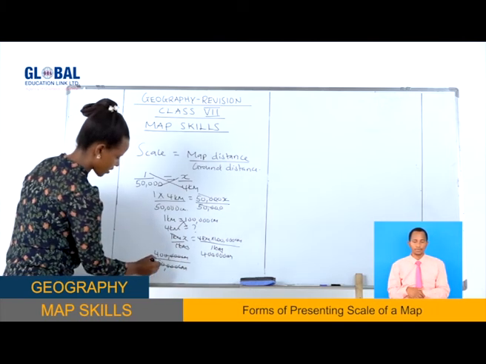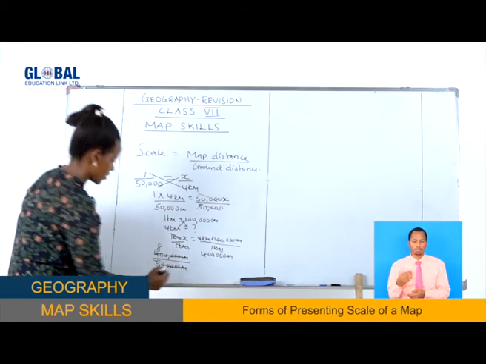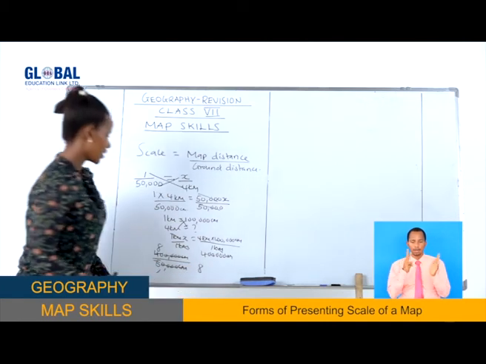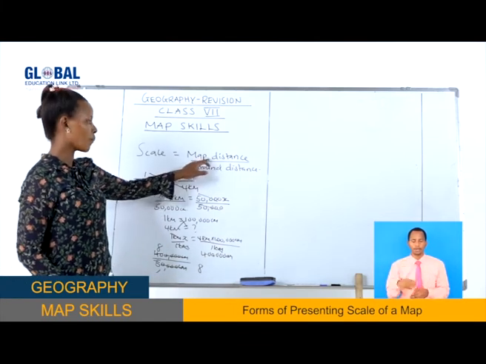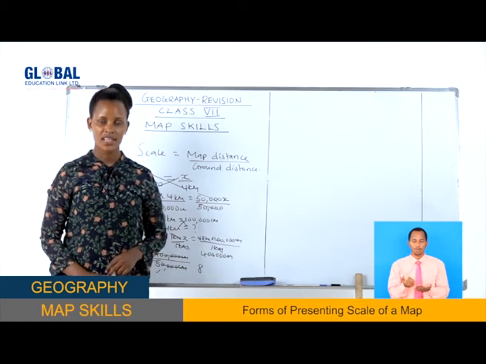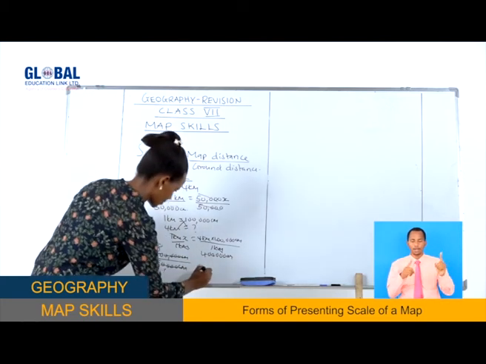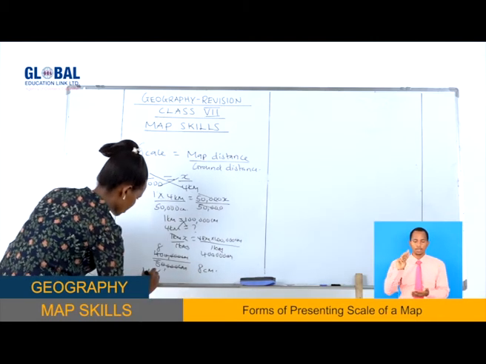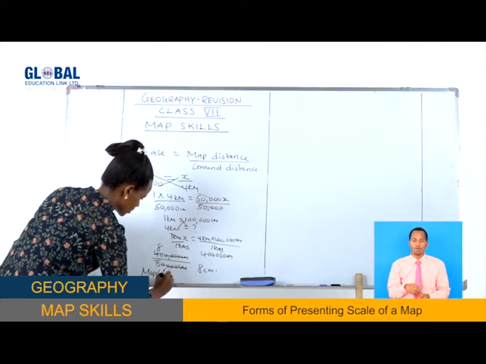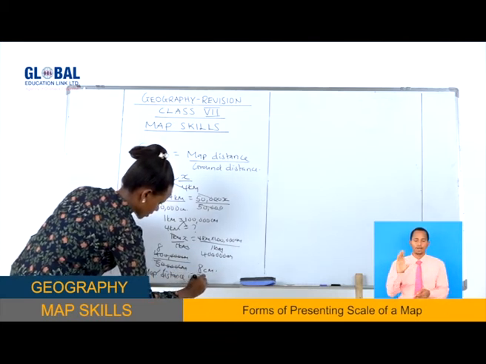Here you can say 5 ones are 5, 5 eights are 40, so it is 8 centimeters, because we were looking for map distance, and the map distance should be written in centimeters. So this is our answer. Map distance is 8 centimeters.